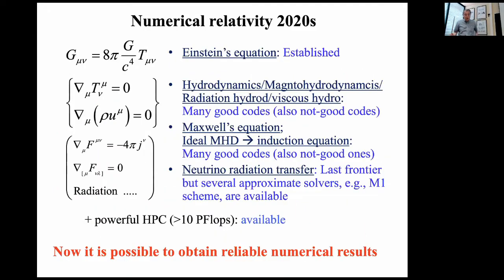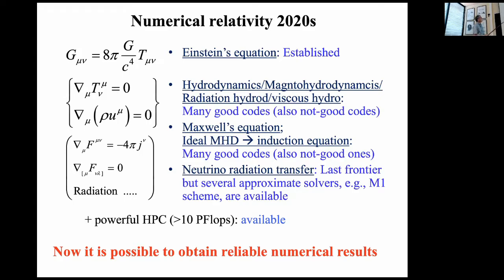Okay, so this is a one-page summary of numerical relativity. As I said in the beginning, numerical relativity is a field in which we solve Einstein's equation, and also in the presence of matter like a neutron-star merger and stellar collapse, we also need to solve the hydrodynamics equation and the magnetohydrodynamics equations.